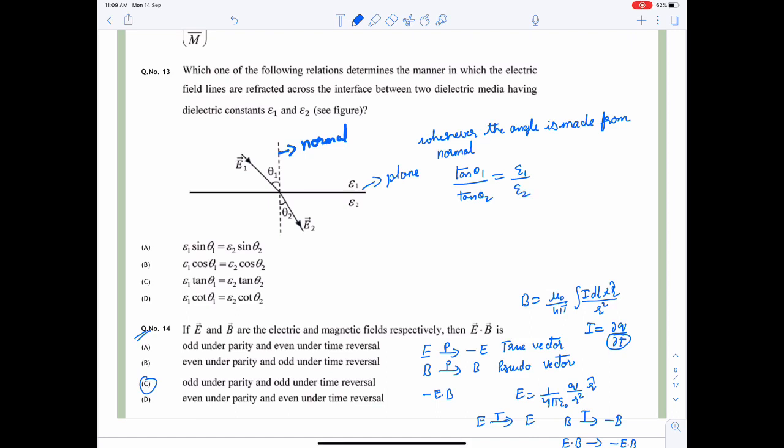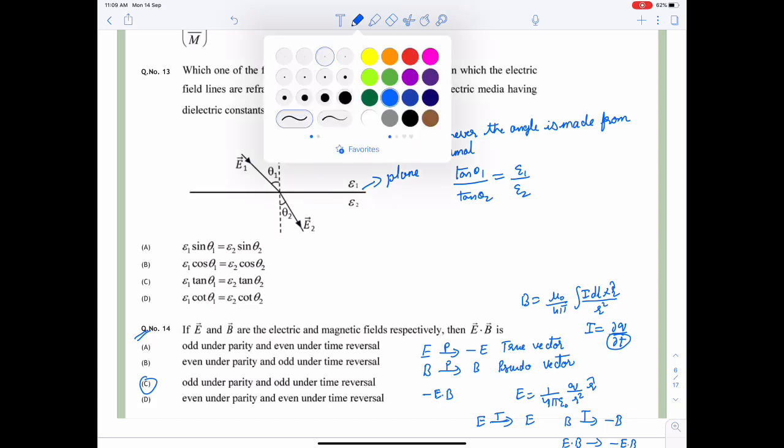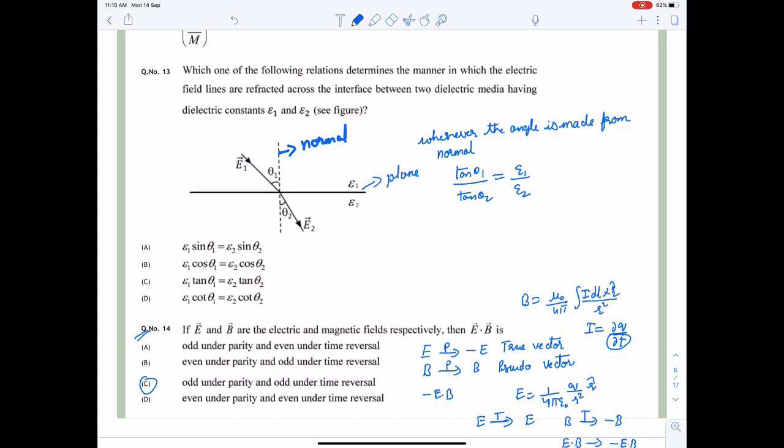So when you multiply it like this, epsilon 2 tan theta 1 is equal to epsilon 1 tan theta 2.